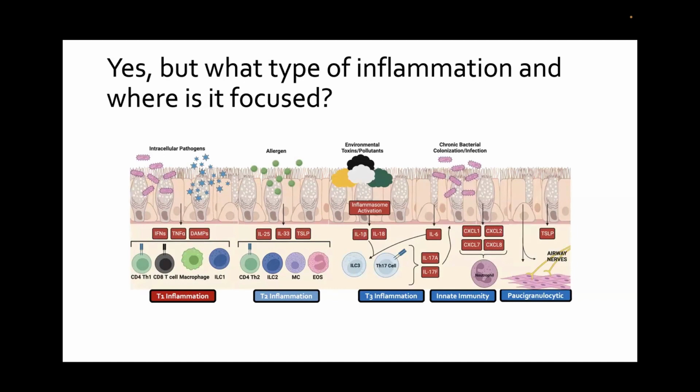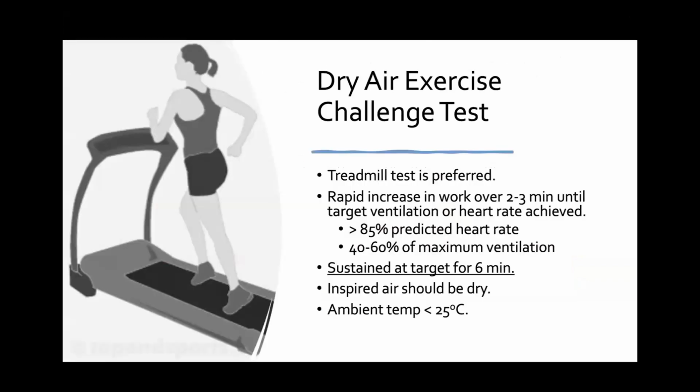The good simplified way of thinking about that is it's related to inflammasome activation, downstream IL-1 beta, IL-18, Th17 cells. And then there's this whole idea that you maybe can have airway dysfunction in the absence of a lot of inflammation, and maybe that's neurally mediated or related directly to the airway smooth muscle. All right, pretty simple, huh?